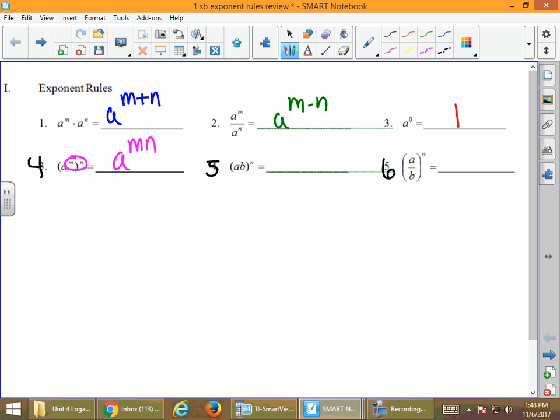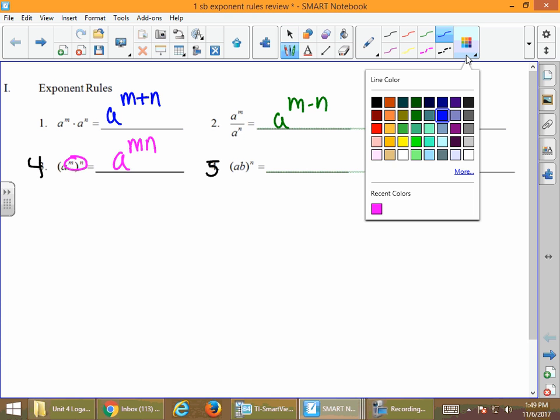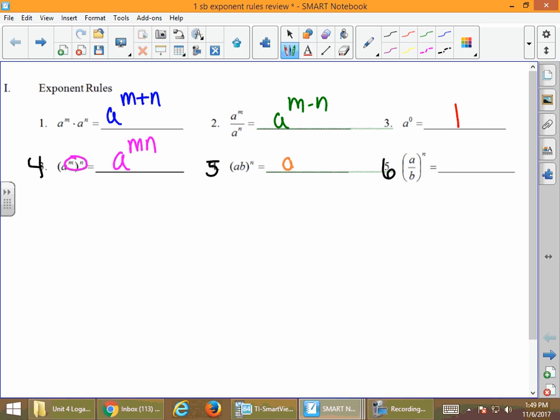And these other two after it are along the same lines. But what happens is, what's inside the parentheses gets raised to what's outside the parentheses. So on number 5, which is number 4 on your paper, it's a to the n, and then it's b to the n.